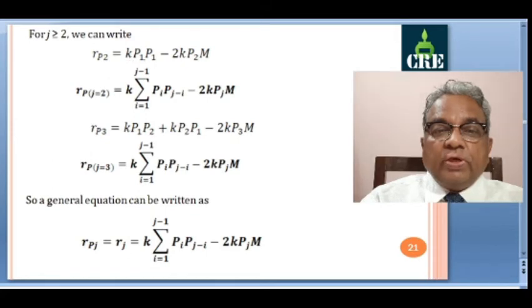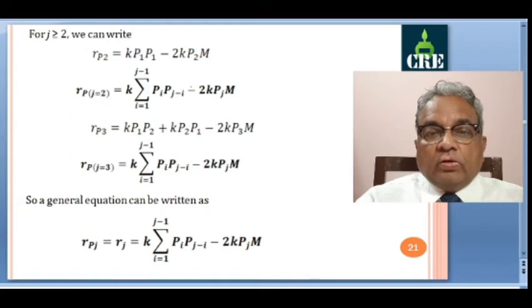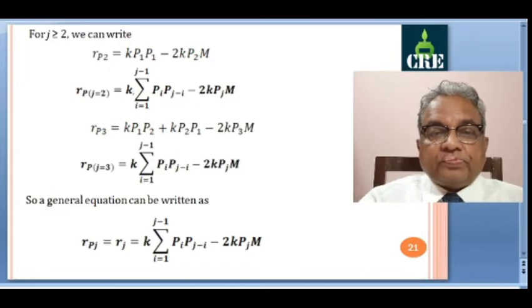So Rp2 I have written from the previous page: k P1 P1, that is P1 square, is written as k P1 P1 minus 2k P2 m. So Rp for j is equal to 2. Rp2 means j is equal to 2. This 2k P2, j is equal to 2, means Pj m, and this I will write as k outside the bracket, and summation of Pi into Pj minus i for i equal to 1 to j minus 1.